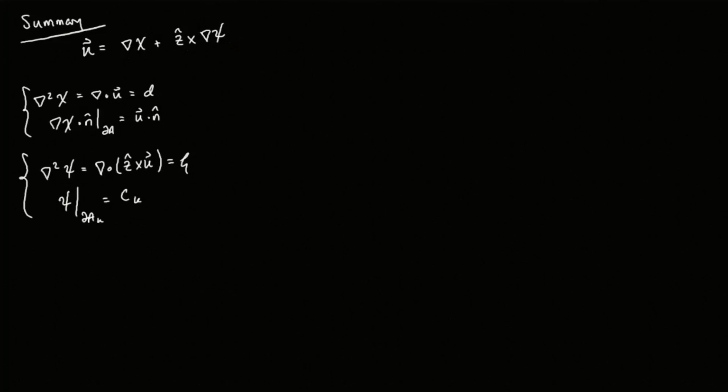Our series-based solutions: chi is the sum over I from 0 to infinity of chi hat I, and the divergent part of the flow is a linear superposition of Neumann modes.